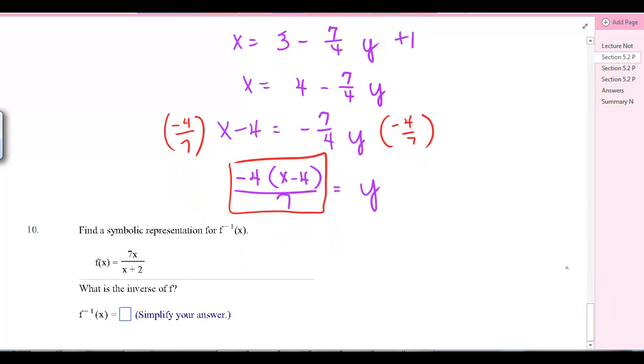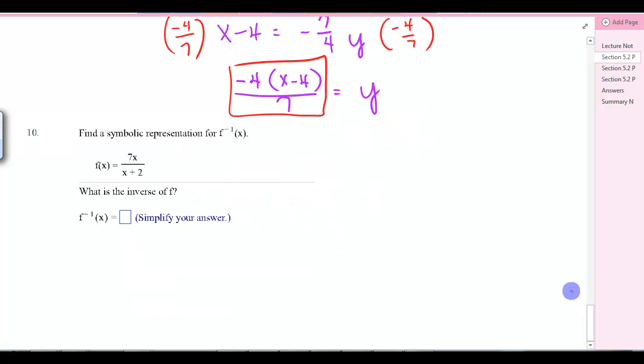All right. And we have one last one. So we have y equals 7x over x plus 2. So we've got a y a couple of places, x a couple of places. So then we have x equals 7y over y plus 2.